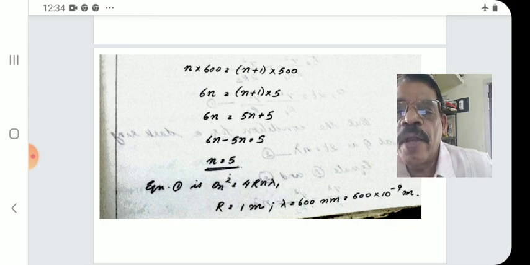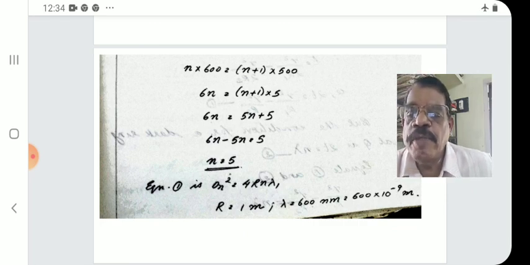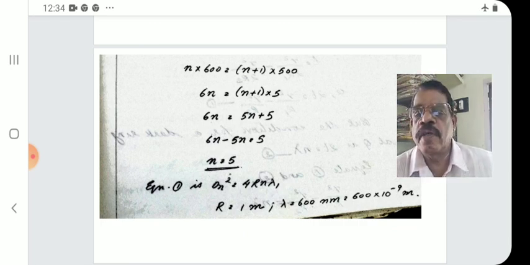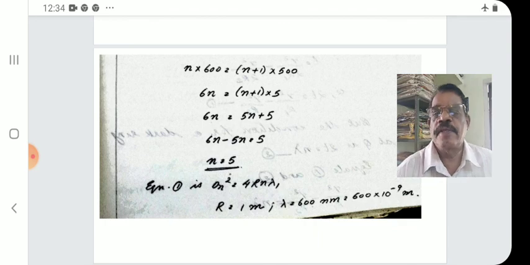So 4 into 1 into 5 into lambda 1, 600 into 10 to the minus 9. Calculate, that is diameter square. Take root. That is the answer.